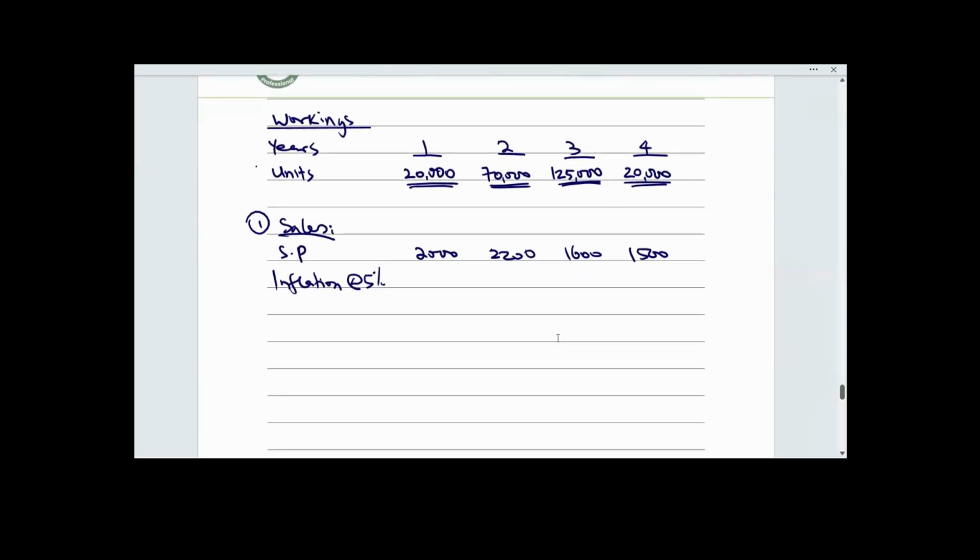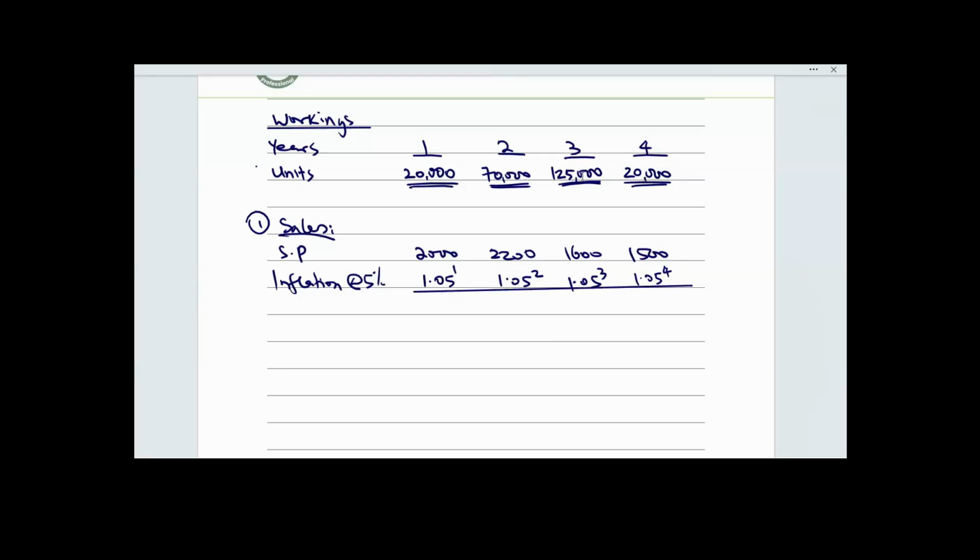So 1 plus 5% gives us 1.05 raised to power 1 for year 1, 1.05 raised to power 2 for year 2, 1.05 raised to power 3 for year 3, and 1.05 raised to power 4 for year 4. So that's what you need to do to inflate. Look up and pay attention, please.